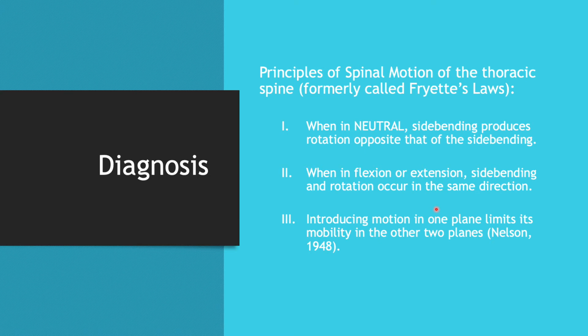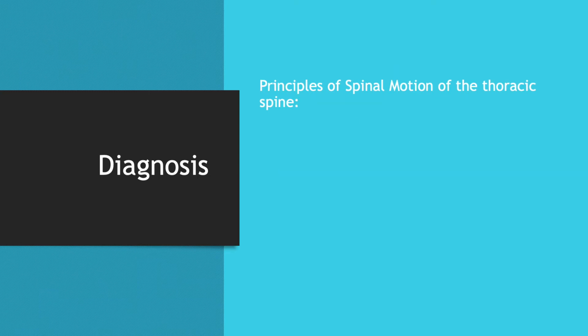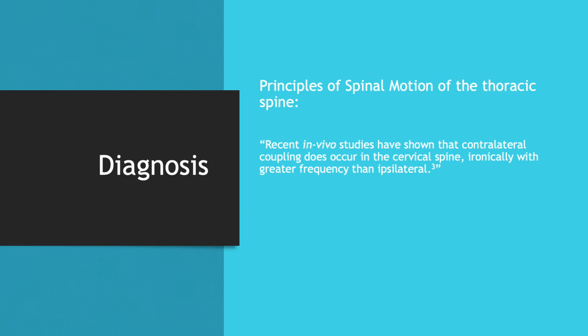And then principle 3 was actually first talked about by a man named Nelson in 1948. And this basically says, and it's kind of common sense, that if I limit the motion in one plane, it limits the motion in other planes. So recent studies have shown that motion in the thoracic spine, cervical spine, and lumbar spine don't exactly follow Fryette's principles.